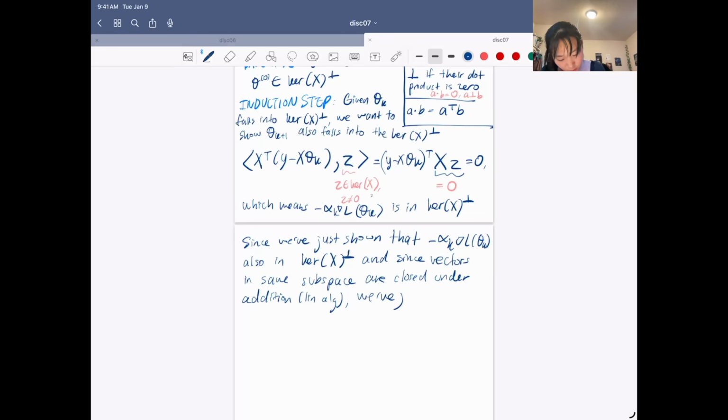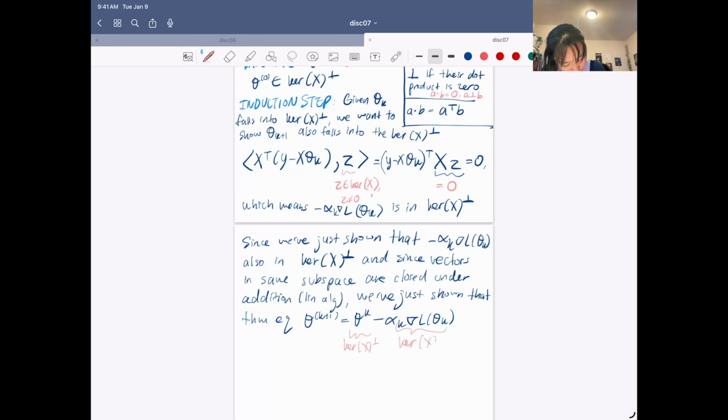We've just shown that through the equation theta k plus 1 is equal to theta k minus alpha k gradient, this guy is assumed to be in the perpendicular kernel space.